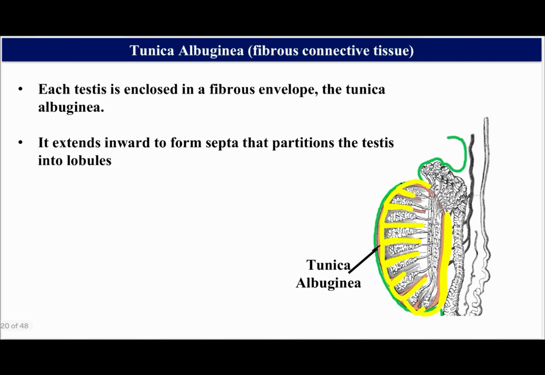Whereas the tunica albuginea, the fibrous connective tissue, extends inward to form septa that partition the testis into lobules. So the testis is divided by septa, and this partition is formed by the tunica albuginea.